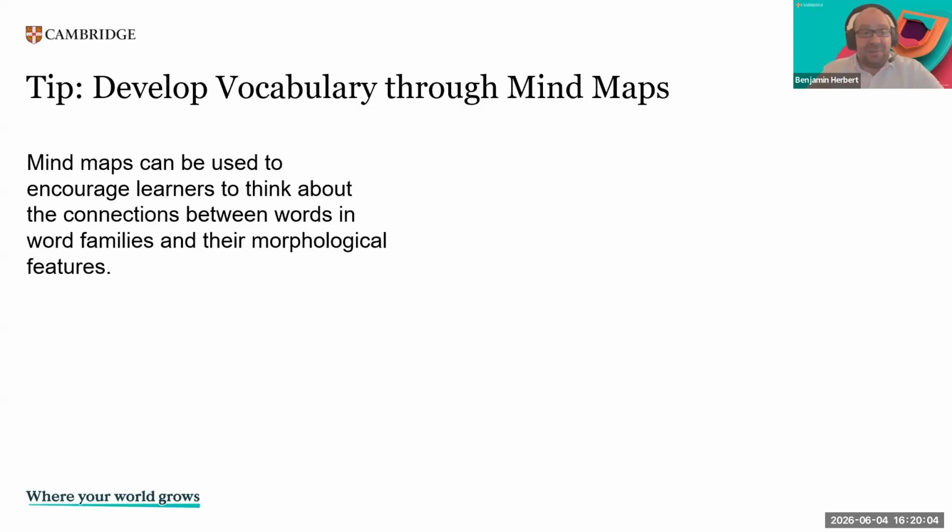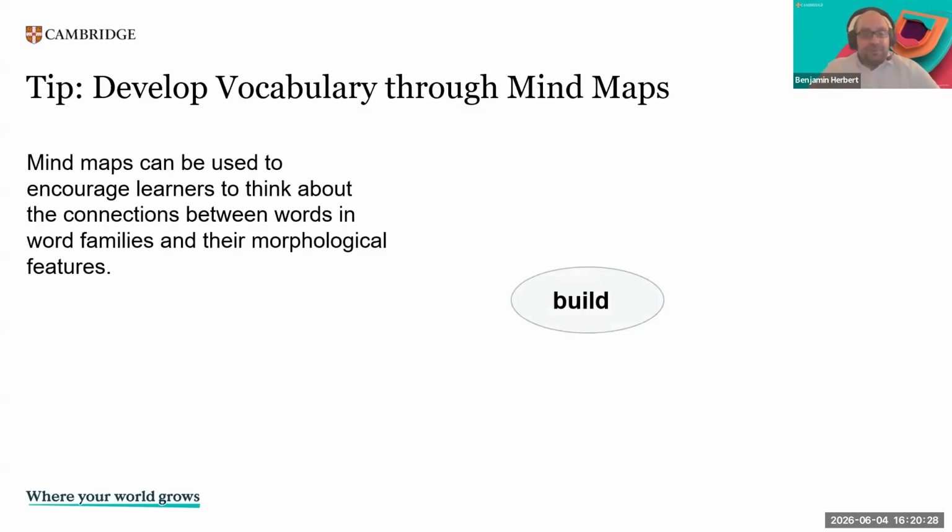You might, for example, ask them to group things according to, I don't know, if it's related to geography, some different environment types, for example. So thematic mind mapping. But it's also possible to encourage our learners to draw mind maps based on morphological features.